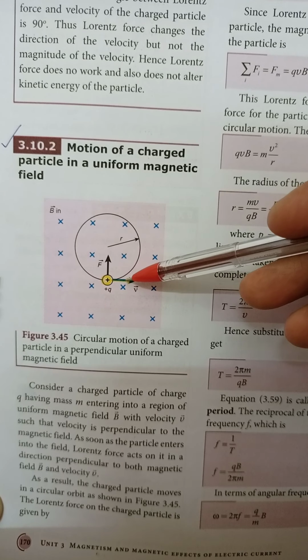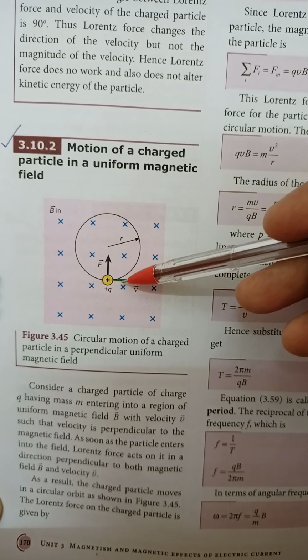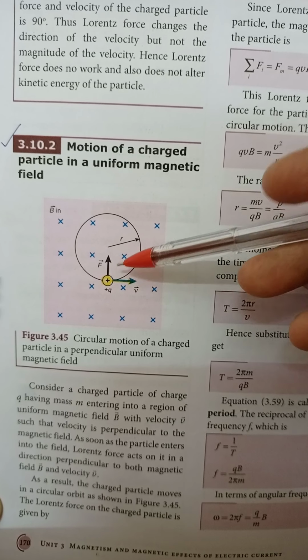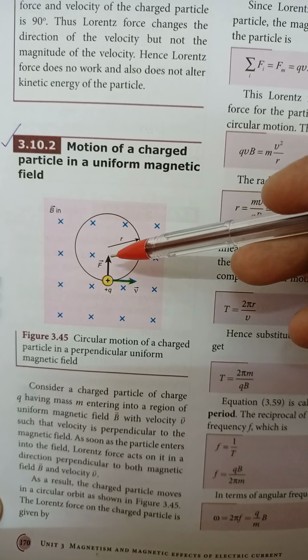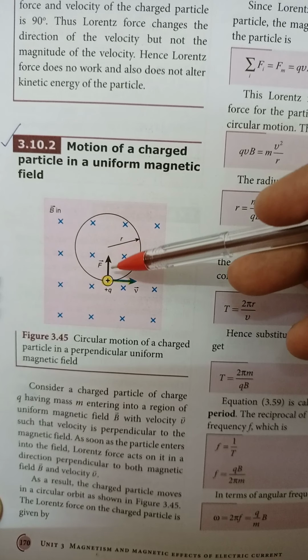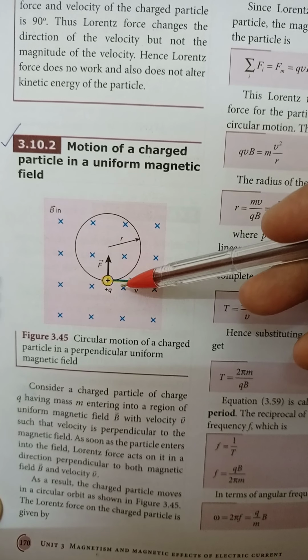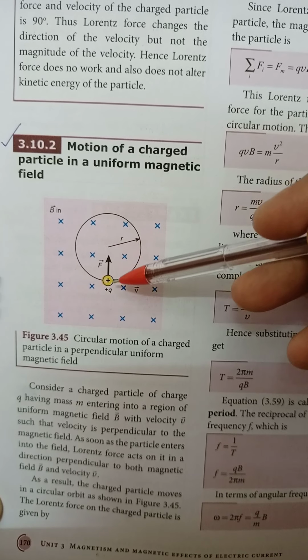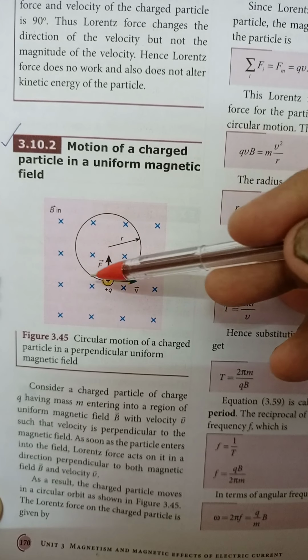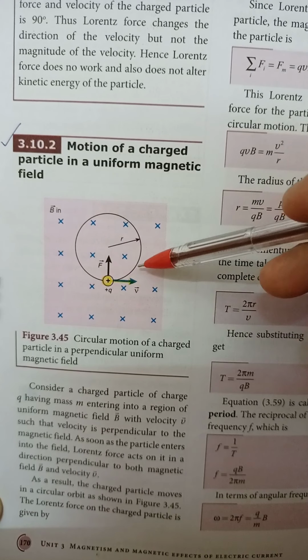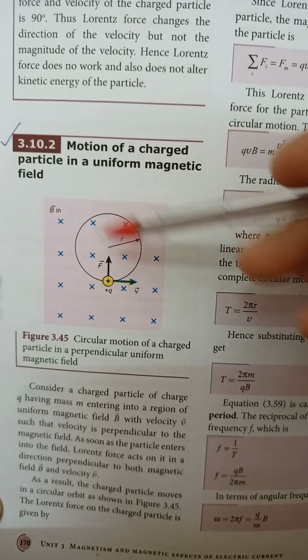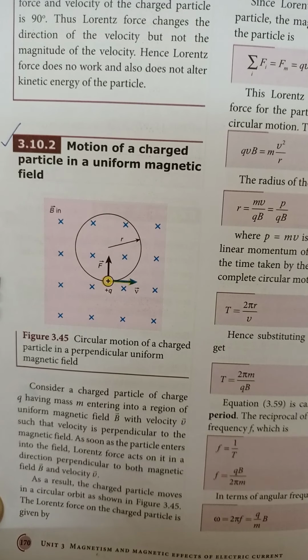So whenever a charged particle moves in a perpendicular magnetic field, the force acting on it will be perpendicular to both v vector and B vector, and it moves in a circular path inside a uniform magnetic field.